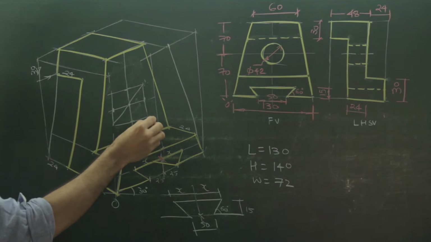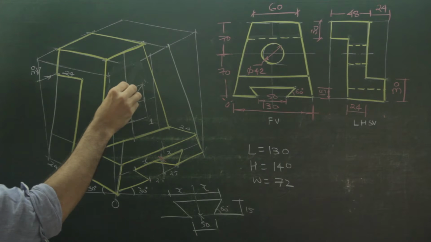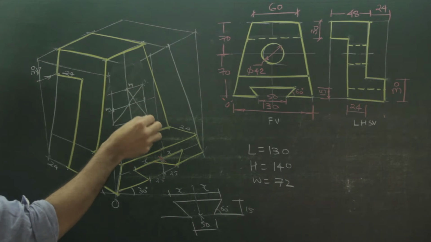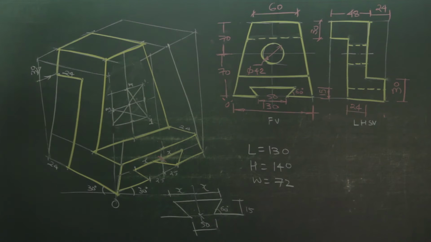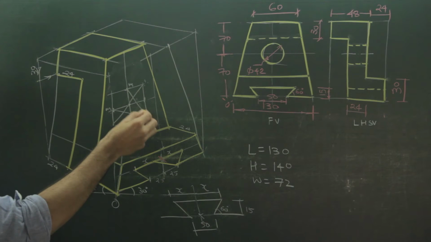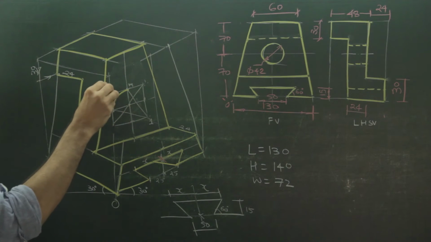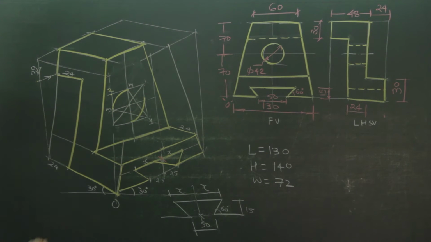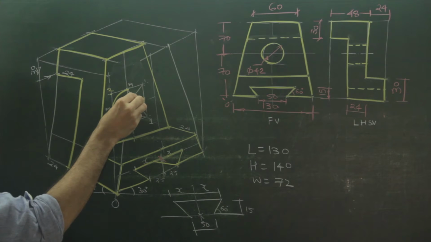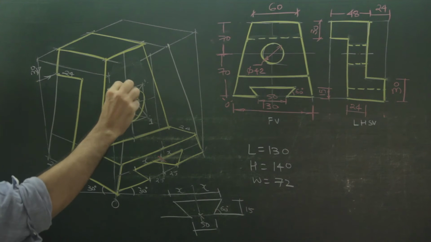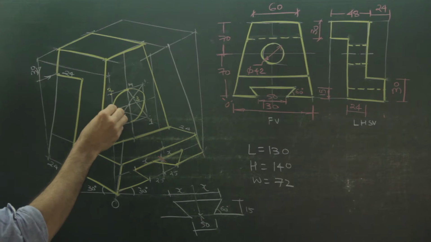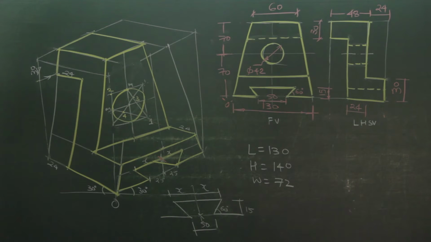After drawing the longest diagonal, one corner I'll write 1 and the opposite midpoint M. So from 1 we will join M. From this point 1 we will draw this arc, and from this point 2 we will draw this arc. Then from this point 3 we will draw this arc. See, we will take this much radius and we will draw this. And from this point 4 we will draw this arc.